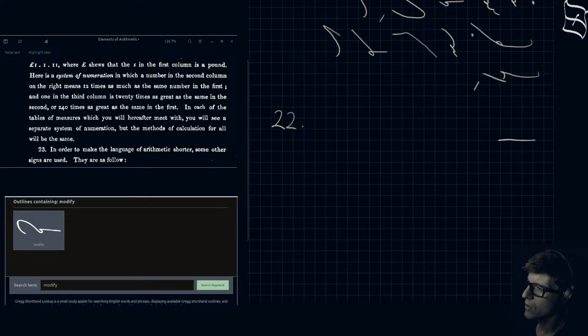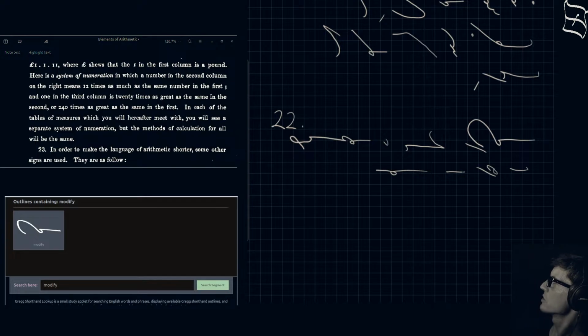So we go: modified systems, or modified forms. Modified forms of numeration are used in many real-world applications.